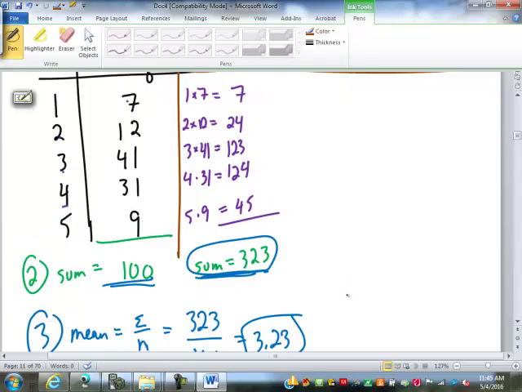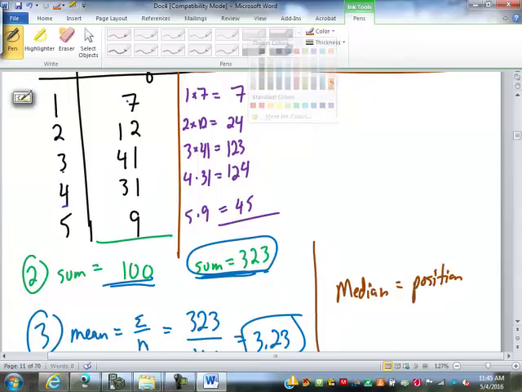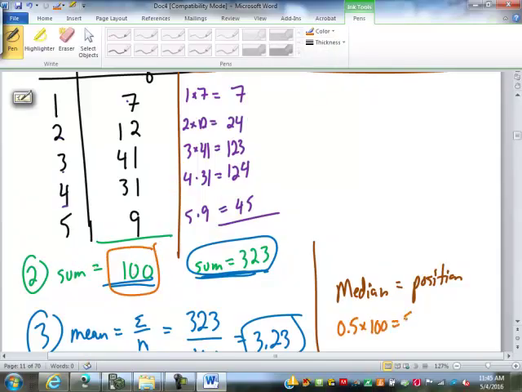We have to find the position for the median. The position is 0.5 times n. So we do have to make sure we have this sum of the frequencies to get n. 0.5 times 100 is 50.